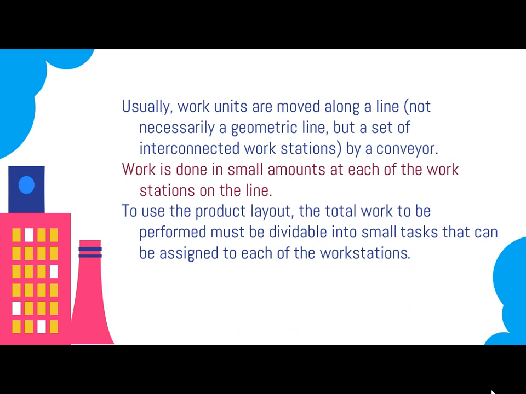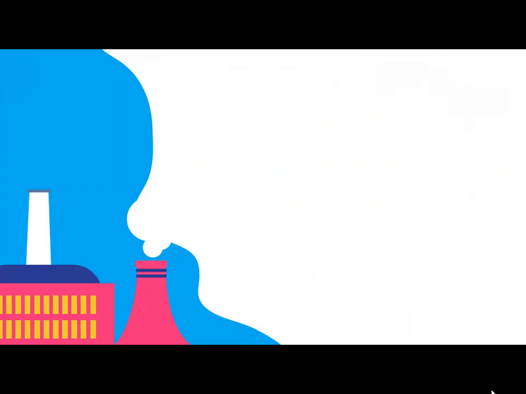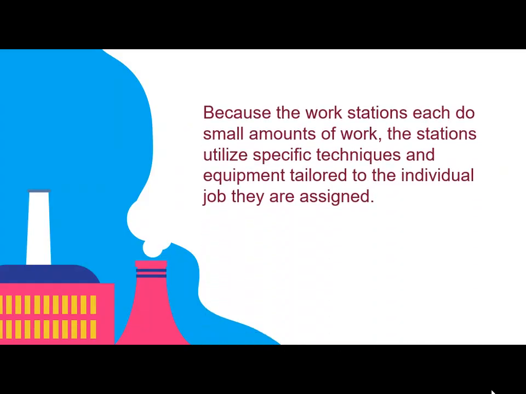To use the product layout, the total work to be performed must be divisible into small tasks that can be assigned to each of the workstations. Because the workstations each do a small amount of work, the stations utilize specific techniques and equipment tailored to the individual job they are assigned. This can lead to a higher rate of production.